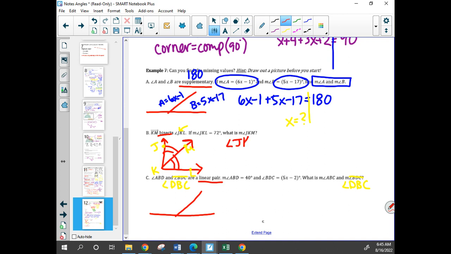Angle JKM should be exactly half of angle JKL. So your small angles are half of your big angle. Half of 72 is going to be 36 on both sides. So the measure of angle JKM is going to be exactly 36 degrees.